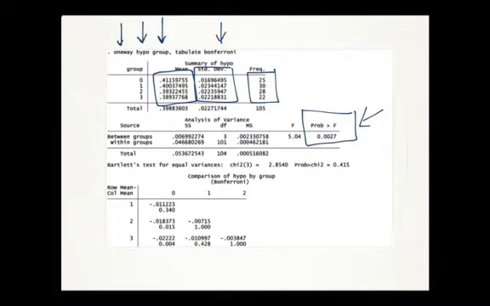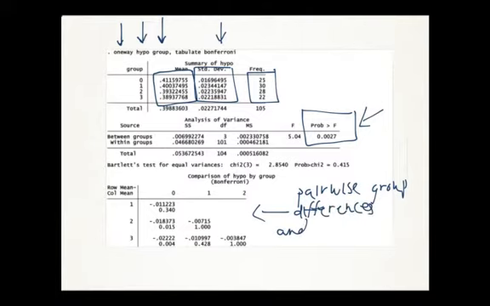And then at the very bottom are the pairwise group differences and Bonferroni corrected p-values.